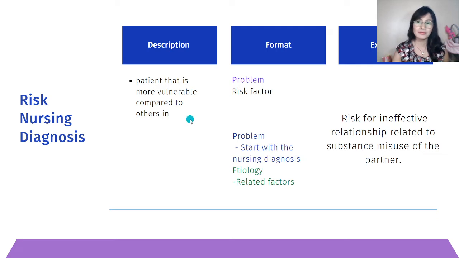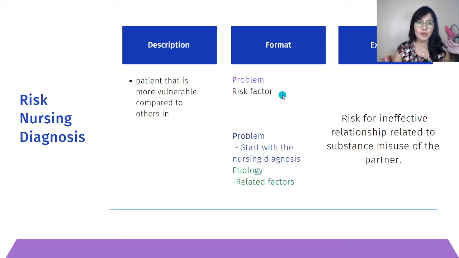But the vulnerability of the client to have such health problem is there, or there's a chance that the client will have such health condition. The format here is not like the actual nursing diagnosis, which is PES: problem, etiology, signs, and symptoms. Here, the format is problem and risk factor.